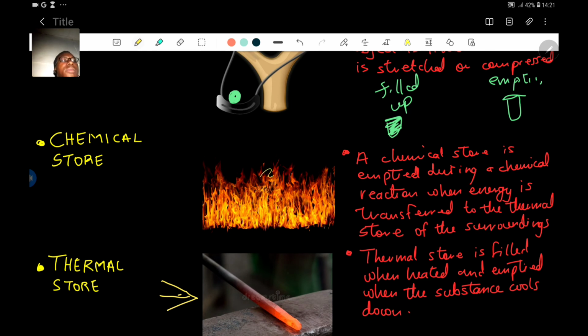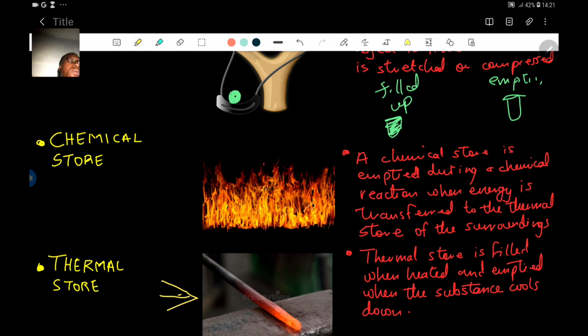In this picture you have fire burning. It's really hot, but before this fire started, we must have had a fuel. It could be gasoline, it could be wood, it could be any other type of flammable material.